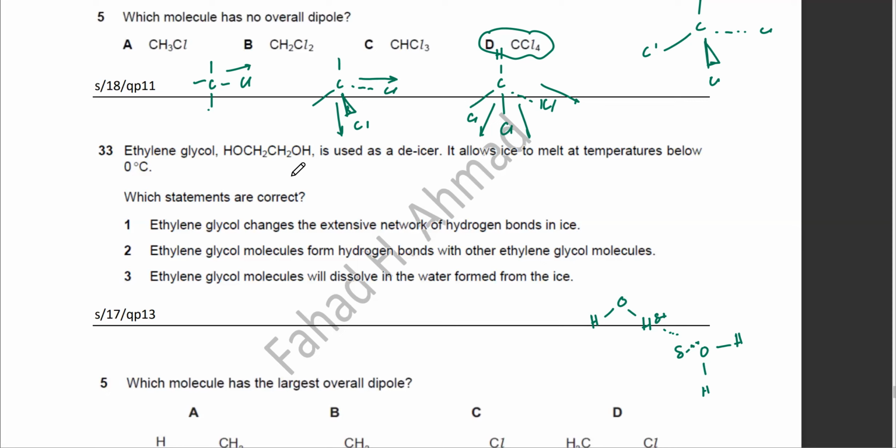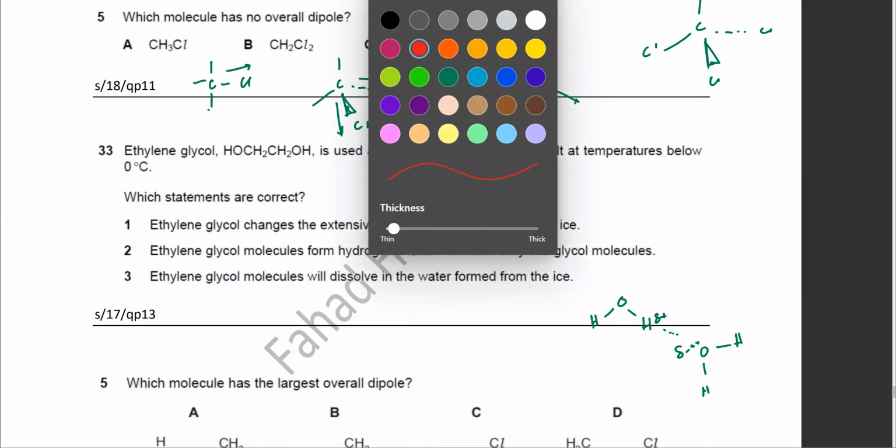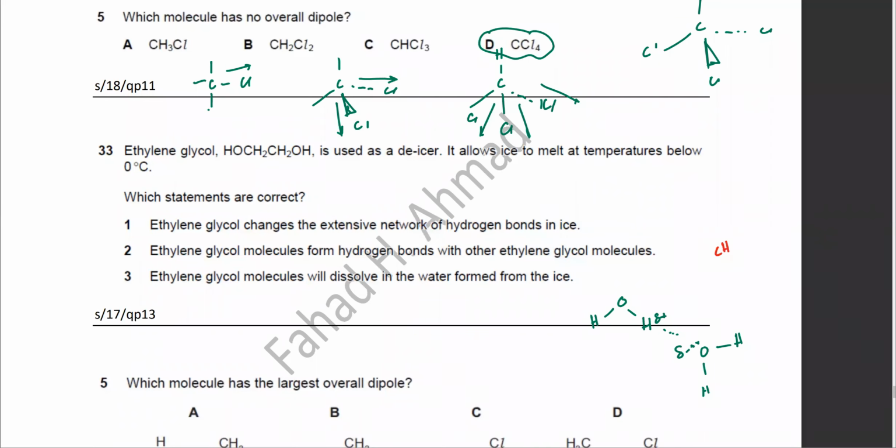So will the ethylene glycol change the extensive network? So if you add ethylene glycol to it, here is what ethylene glycol is, CH2, and it's got OH and an OH over here as well. So it also has these lone pairs, partial negative, partial positive charges.